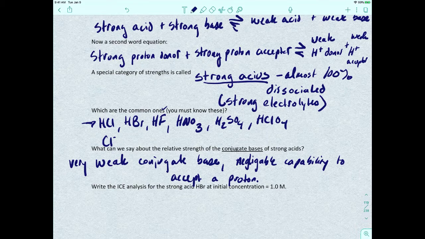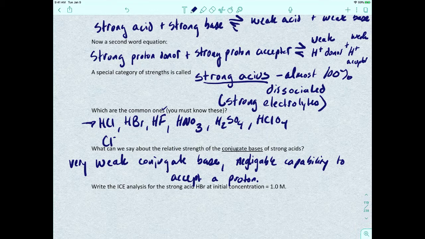Chloride ion is really stable. It's got a full octet. It's happy. It doesn't really need that proton. So if there's an opportunity for the chloride ion to pick up that proton, it's happy as is. It's very unlikely that the chloride ion would actually pick up that proton. That's what we're saying here.